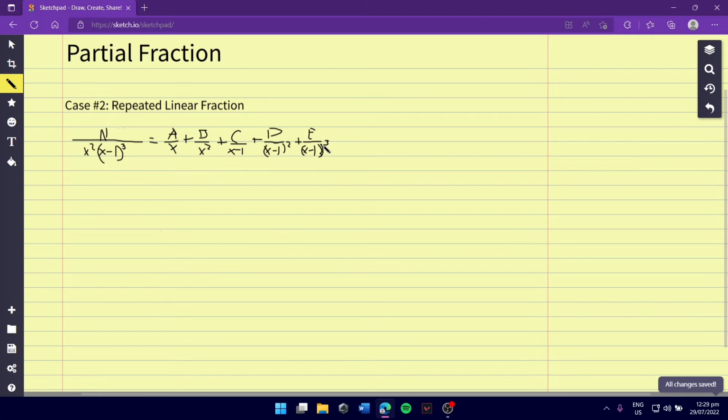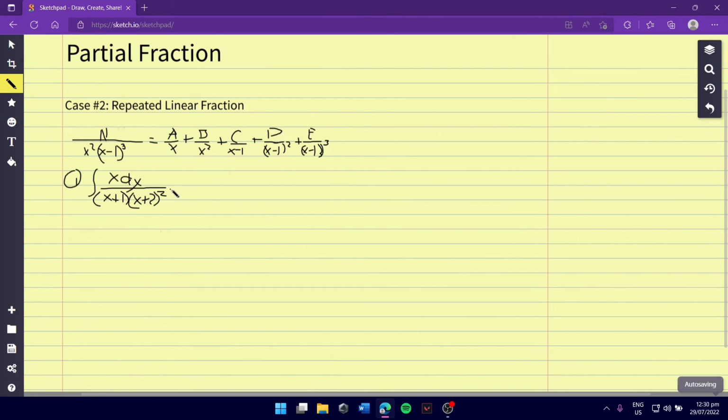So now, this is our formula. So we will use this in our example number 1. For example number 1, we have the integral of x dx over x plus 1 times x plus 2 quantity squared.